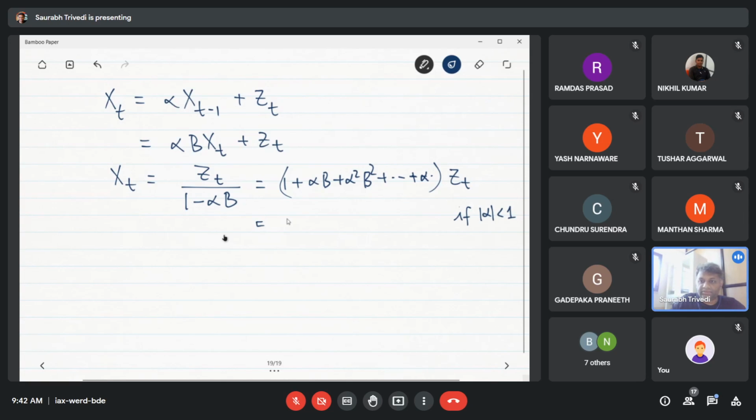So this will be zt plus alpha zt minus 1 plus alpha squared zt minus 2 and so on. Right, so this is what I will get here: summation of alpha to the power i zt minus i. Okay.